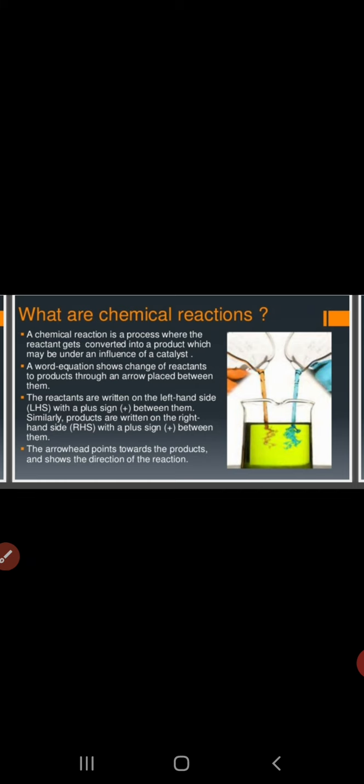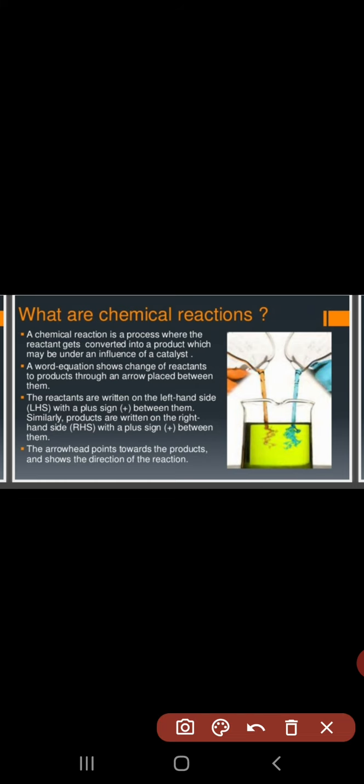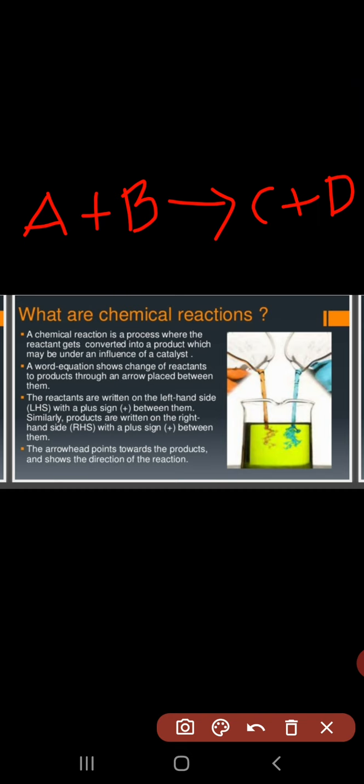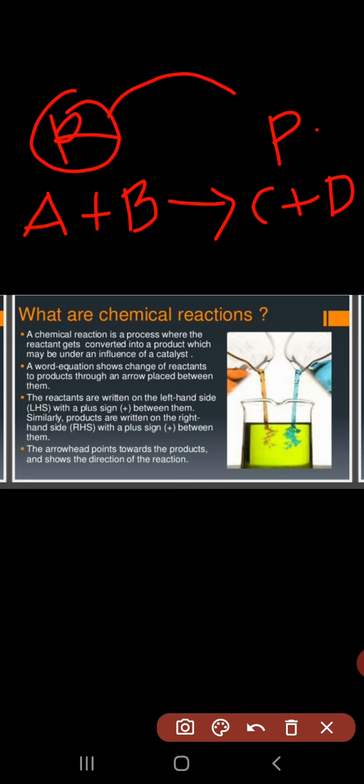In a chemical reaction, if we react two substances A plus B, we get the products C plus D. This is the reactant side and this is the product side. The reactant is converted into the products under the influence of a catalyst, meaning the effect of a catalyst.